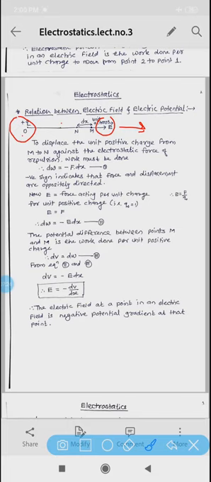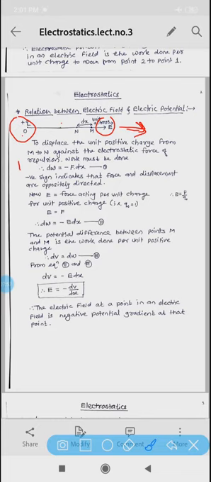The negative sign indicates that the electrostatic force and displacement are oppositely directed, because the force is directed outward and the displacement of the charge is towards the point O, and therefore F and dx are oppositely directed.